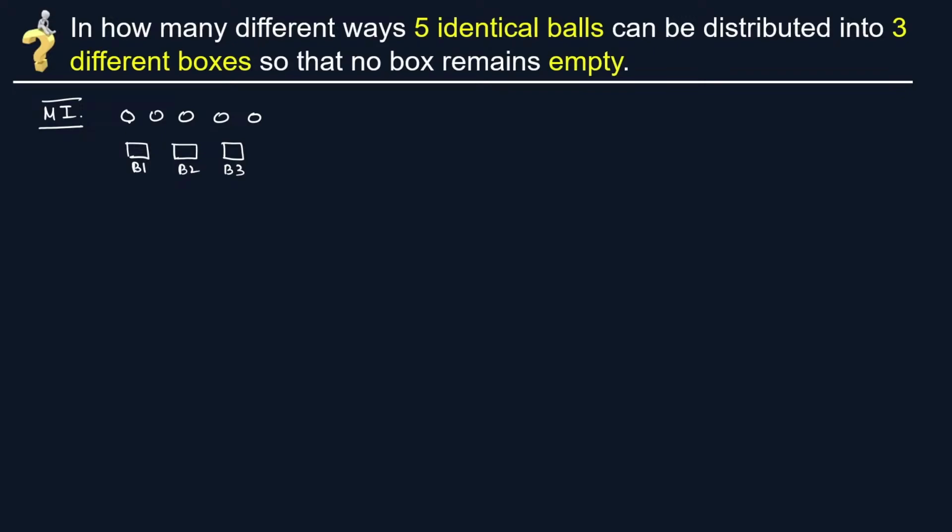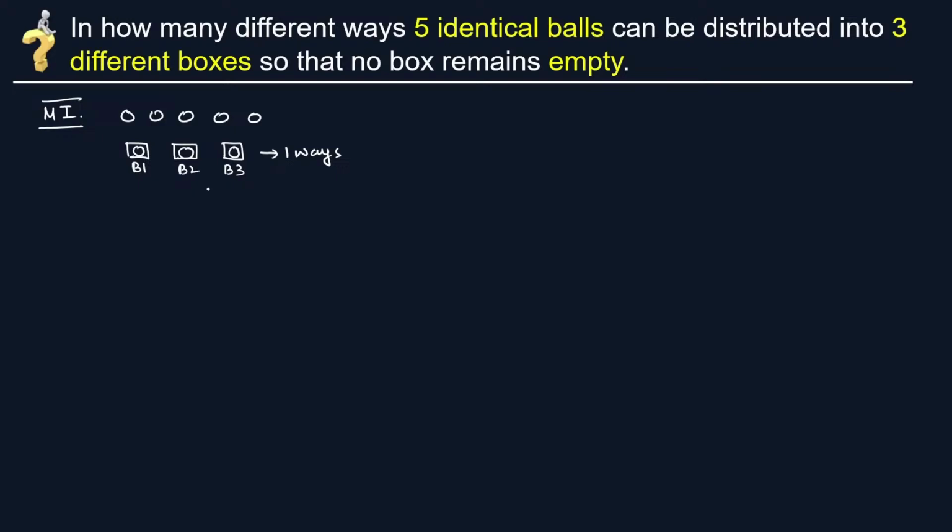So 1 ball is given in B1, 1 ball in B2, and 1 ball in B3. That can be done only in one way because the balls are identical. It doesn't matter which ball goes to which box. So there is only one way in which these 3 balls are placed, 1 in each box.